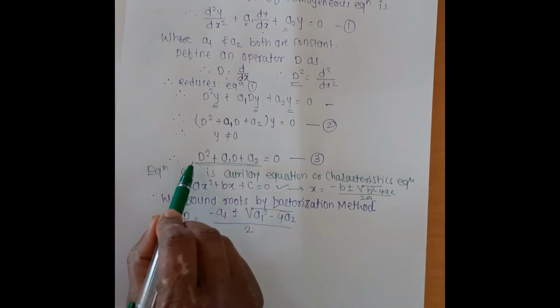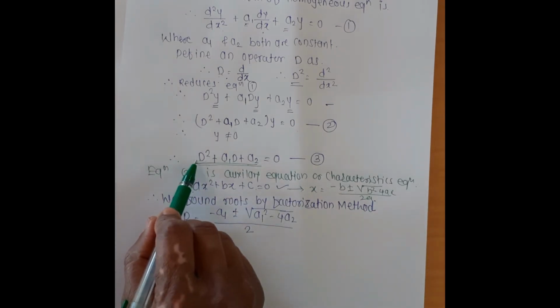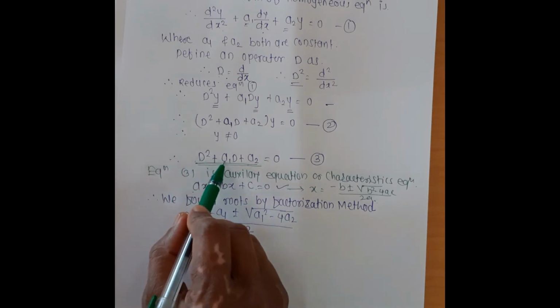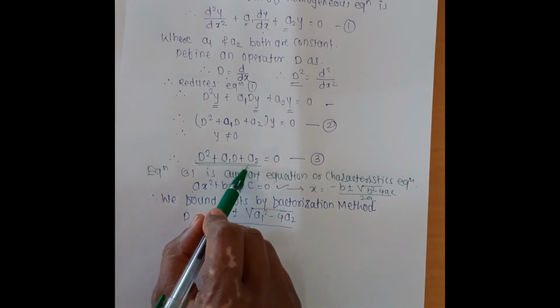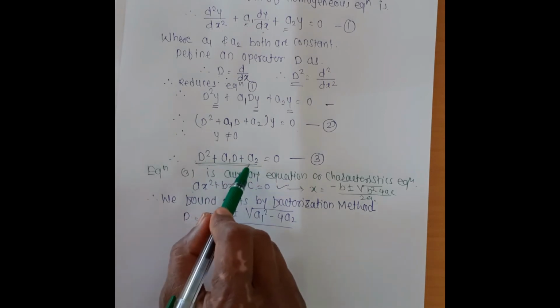So this is the root formula of the actual auxiliary equation, the standard form. Here the value of a is 1, the value of b is a1, and the value of c is a2.